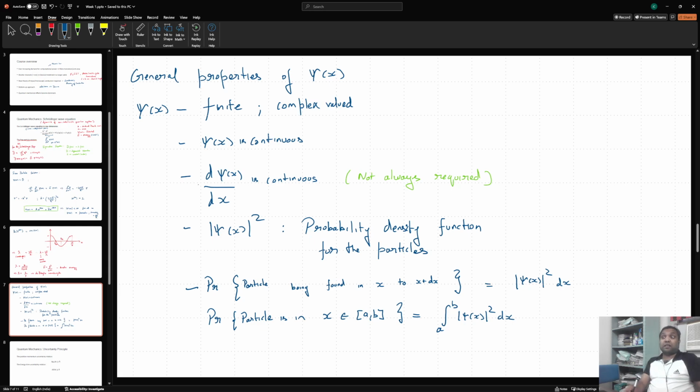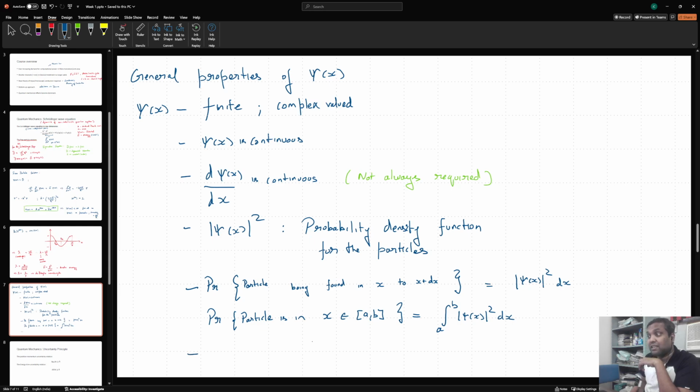This is the probability. Please do not consider psi of x square to be the probability. We will see a proper clarification on this when we come to the particle in the 1D box.